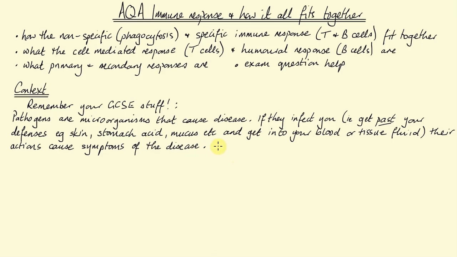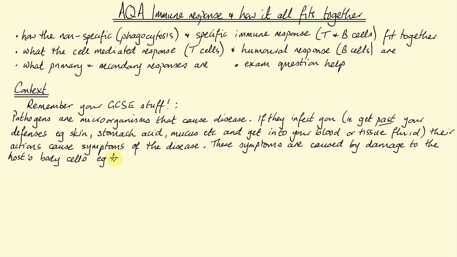These symptoms are as a result of one of two things at GCSE, either by damaging your cells, and that is as a result generally of bacterial toxins, or by killing the host cells.